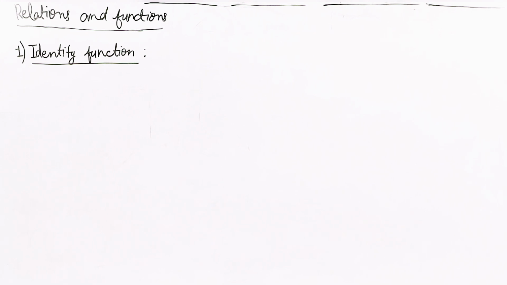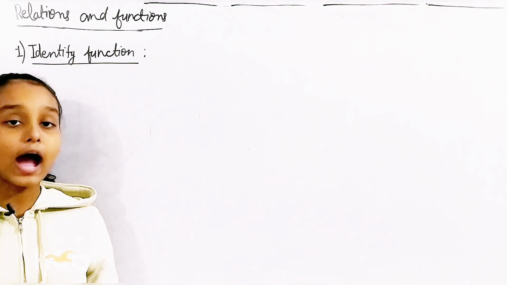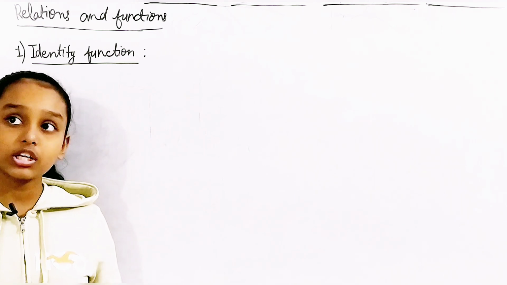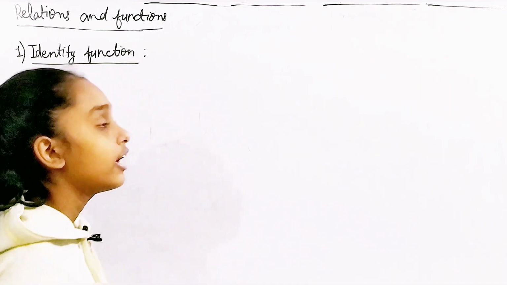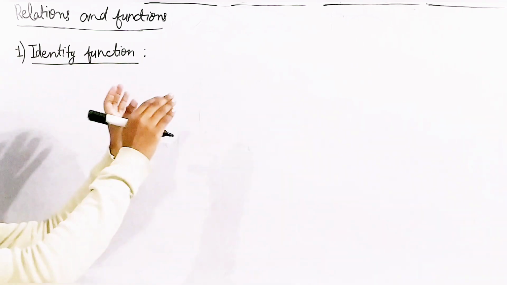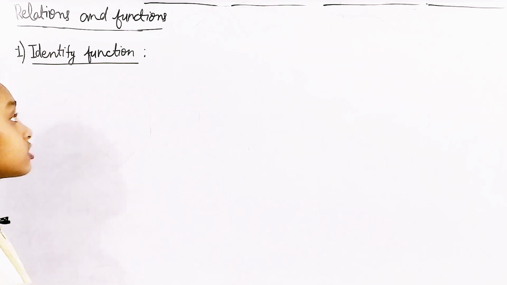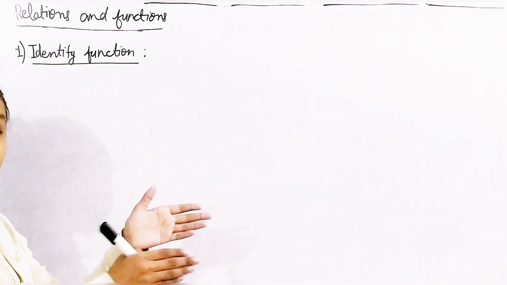It's mainly talking about the output. So the same output that we're going to get. So identity function is a function that returns the same value.